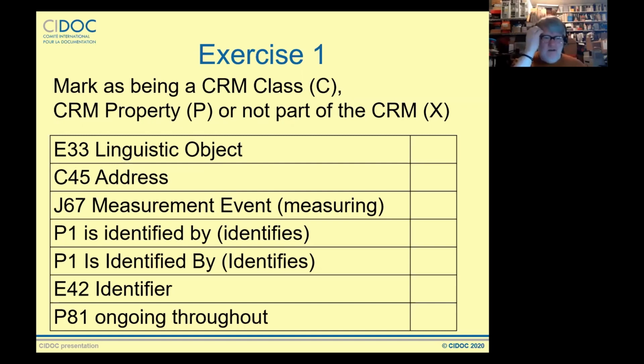Okay, I think we're pretty close to 5 minutes now. So let's start with, anybody want to guess what linguistic object is it? Is it a class, a property, or not part of the CRM?